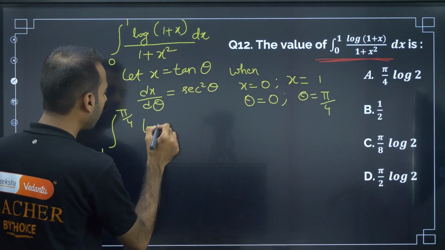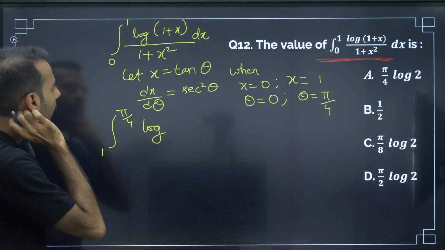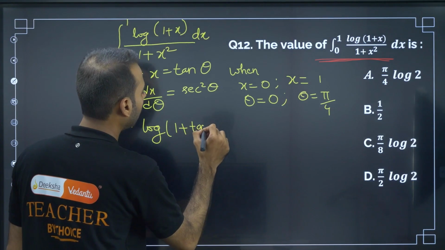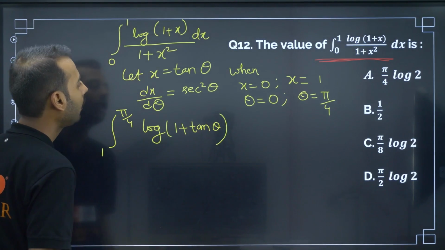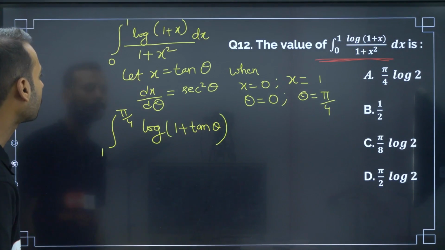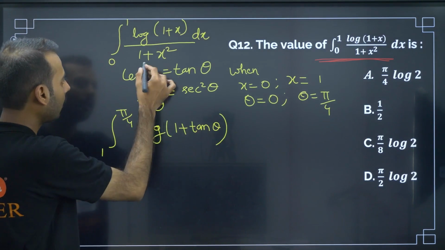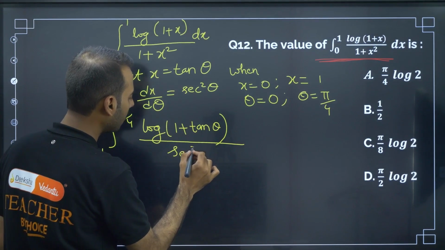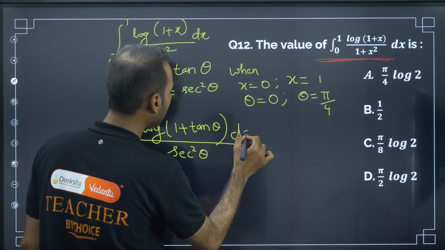log, in place of log only, 1 plus tan theta, and in place of dx, here in the numerator, 1 plus tan theta is secant square theta dx.